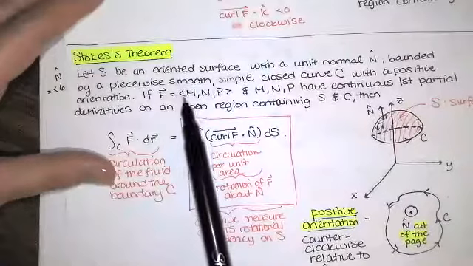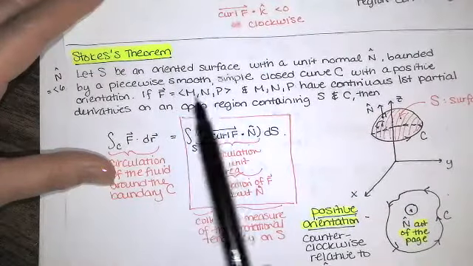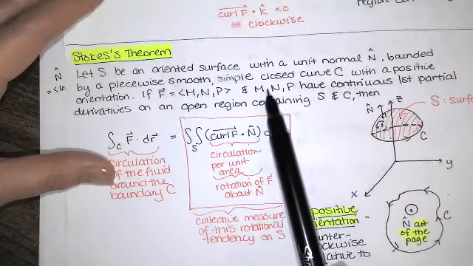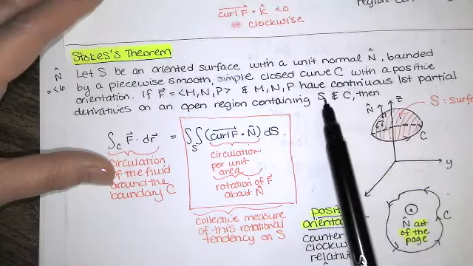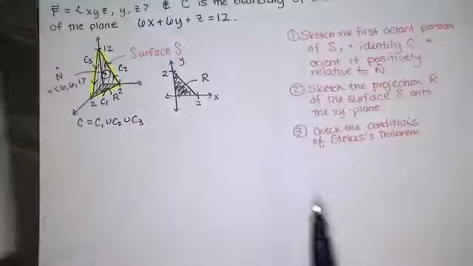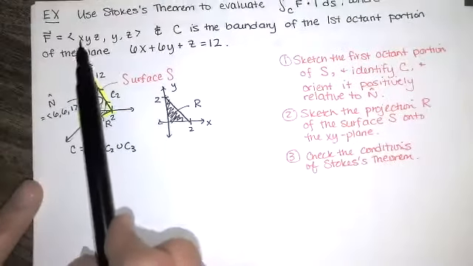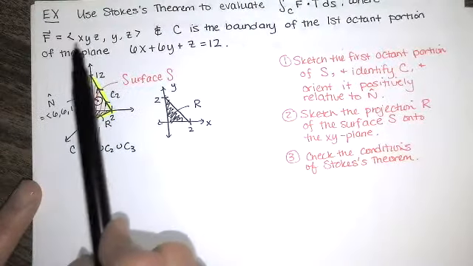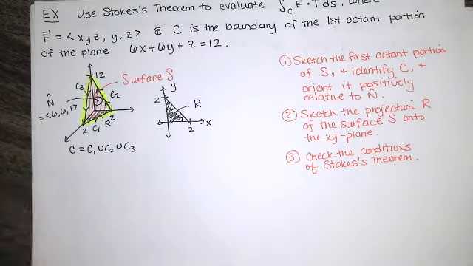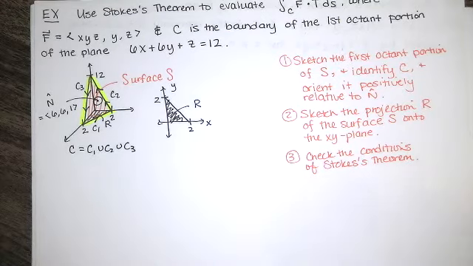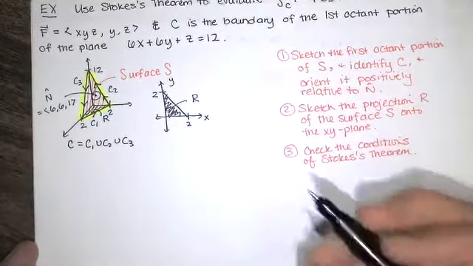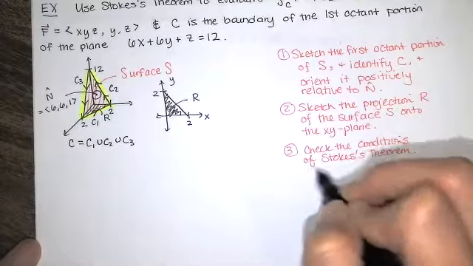Now our field has to have components whose first partial derivatives are continuous on an open region containing S and C. Well, the field is just some very simple polynomial functions in x, y, and z, so that's satisfied. Therefore, we can use the theorem. So I guess we needed to check those three things.